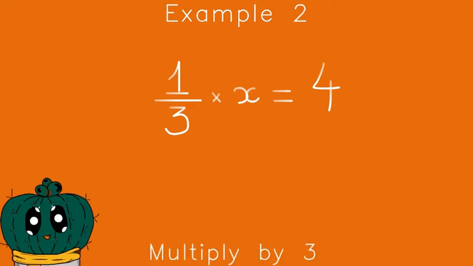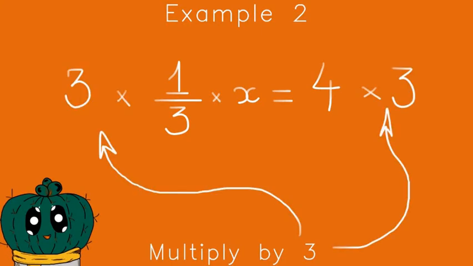You can multiply it by 3, and when you multiply it by 3, you can cancel out the 3 that is in the denominator, because the 3 that we are going to be multiplying by is in the numerator. So we do that, and because we're not trying to ruin the balance of the equation, we have to multiply by 3 on the right hand side as well.